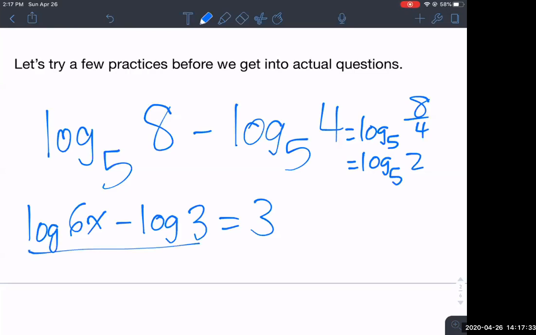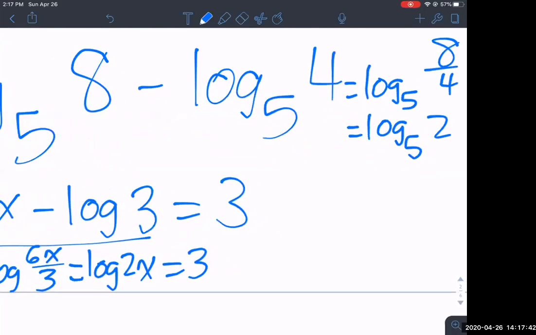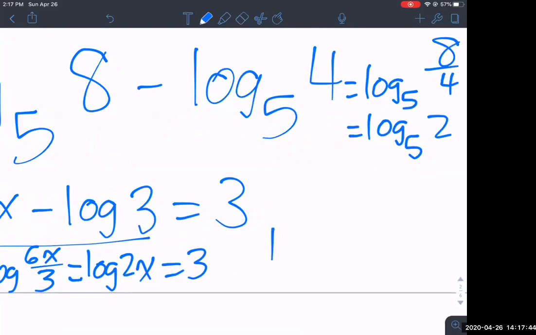So this one, we can turn it into log 6x over 3, which is log 2x, which is equal to 3. Then we know that 10 to the 3 is equal to 2x. And then that's just 1,000, so x is equal to 500.